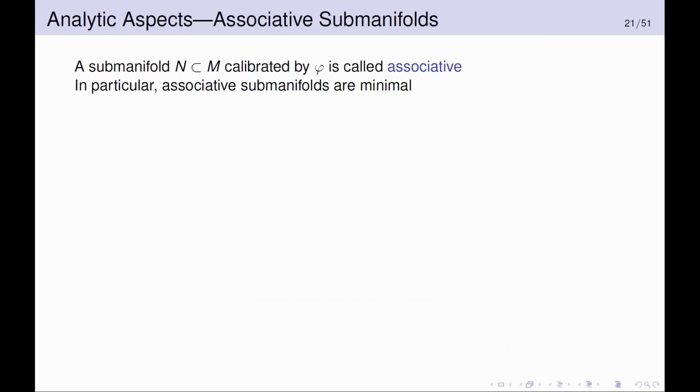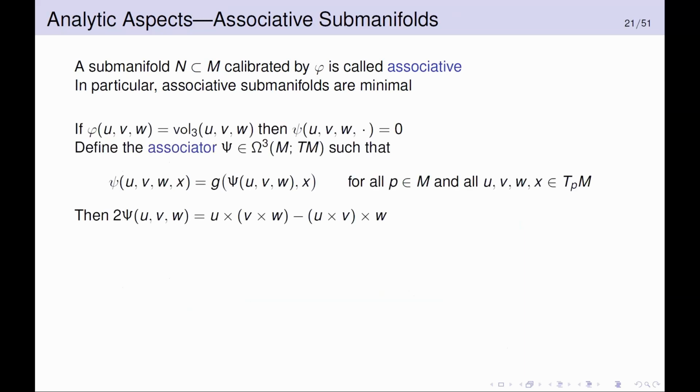Now to the associative submanifolds. Those are calibrated by phi, so again they are minimal. And they are called associative because you could take the form psi and turn it into a three-form with values in the tangent bundle by applying the Riemannian metric. And if you do this, you get this capital Psi, and in our model situation on the imaginary octonions, capital Psi is exactly the associator up to a factor of 2.